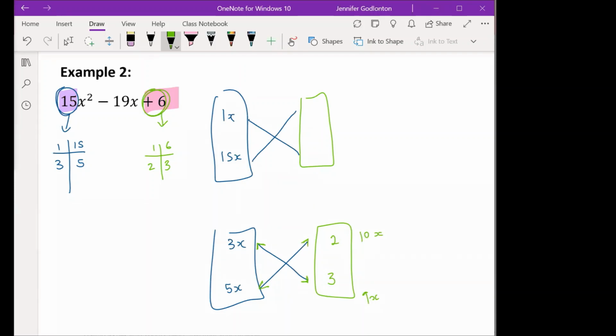I'm wanting my answer to be negative 19x. So what does that mean about both of those numbers? Both numbers will be negative. Good. So what are my two brackets going to be? It's going to be 3x minus 2, close bracket, open another bracket, 5x minus 3.